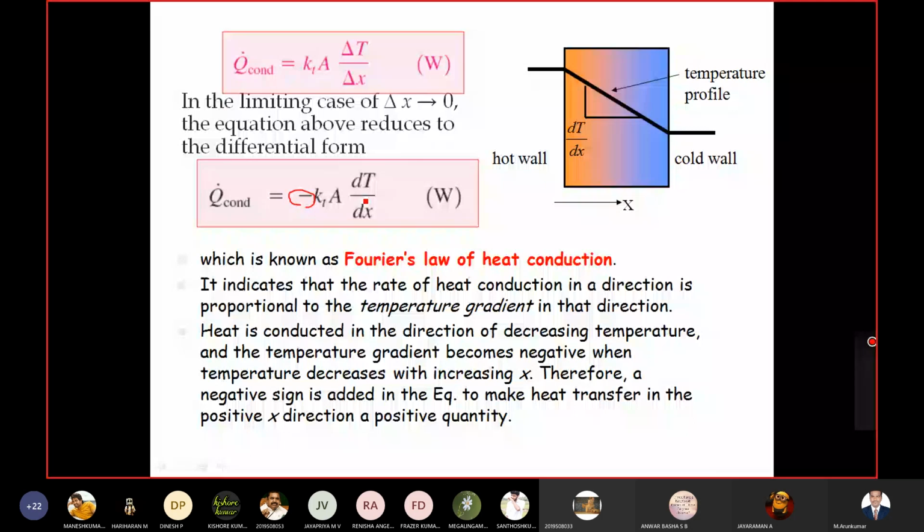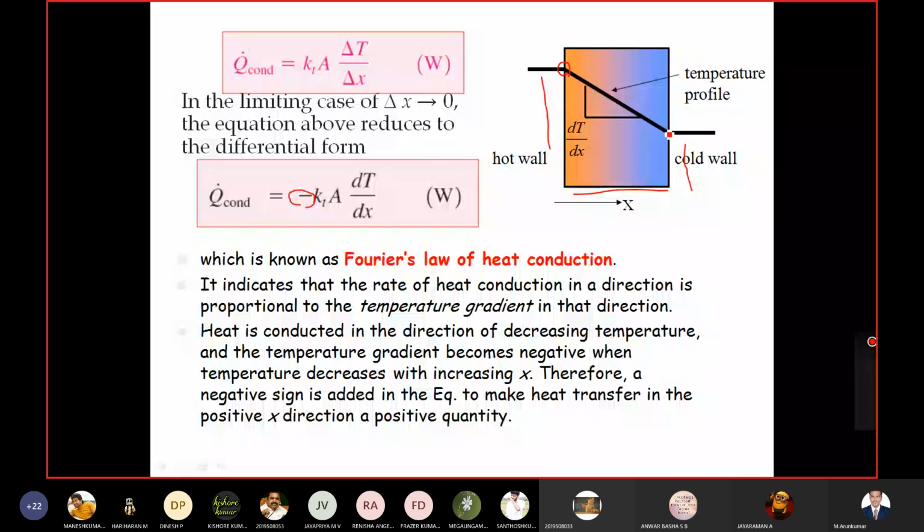So you may assume this is the hot wall, and this is the cold wall. Then the heat transfer will happen through this wall. Assume this x is the thickness of the wall. The hot wall will have more temperature and the cold wall will have less temperature.